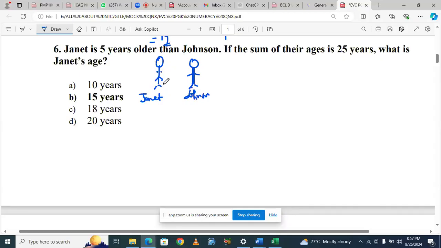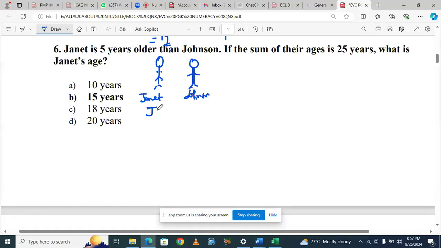Now, Janet is 5 years older than Johnson. What does it mean? Plus 5.